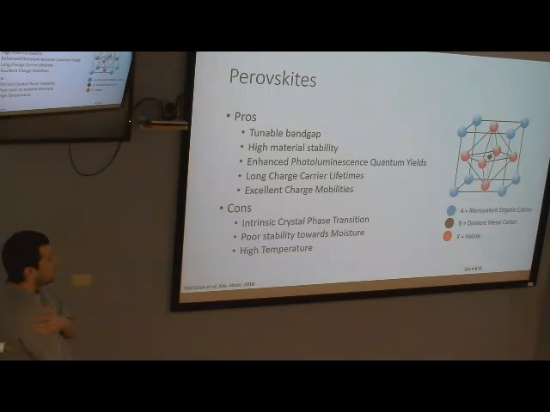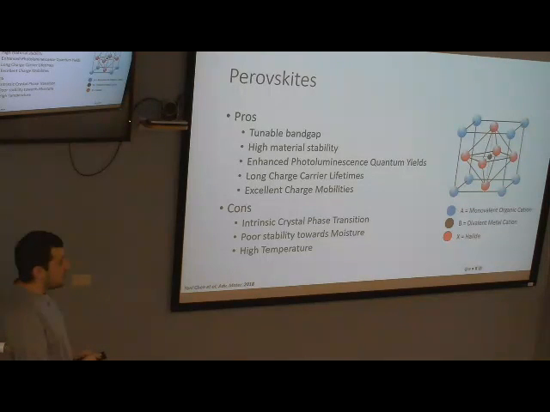So yeah, wherever you see the blue circles around, that's usually an organic cation. In most cases, the most common you'll see is formamidinium or methylammonium. So the B inside the octahedral cage that is formed by the halides is usually lead, which happens to be the most efficient perovskite.